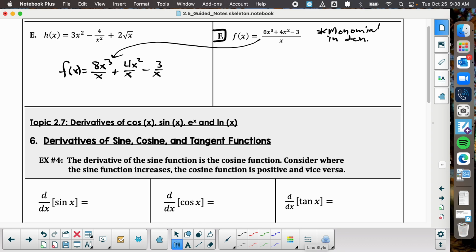That's really the only difference between the methods, is that one of them will most likely just make more sense to you. In this instance, there's an x on top and bottom, so you can reduce them. Same with here. And on the third one, that is the only x. So then you would rewrite it as 8x squared plus 4x minus 3x to the negative 1, and then be able to do the power rule. So that's one method.